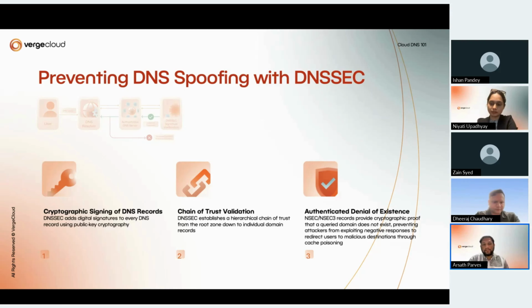So these are the security mechanisms you can implement at the authoritative DNS service. First is to prevent volumetric DNS attacks, and second is to implement DNSSEC to prevent spoofing attacks and DNS cache poisoning attacks.